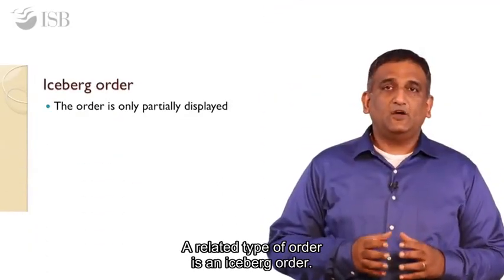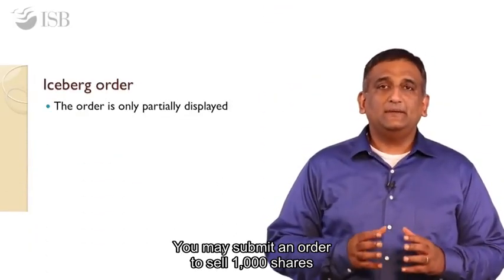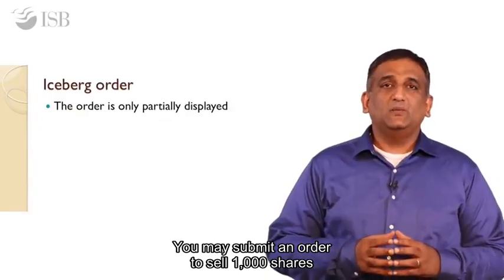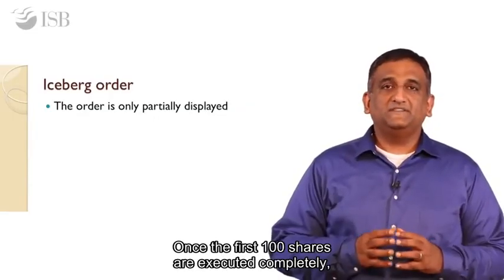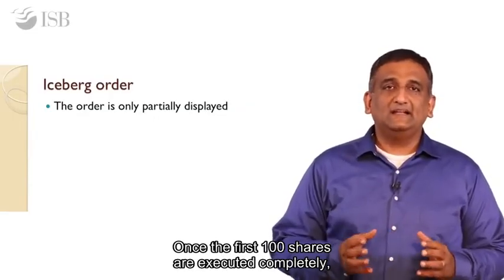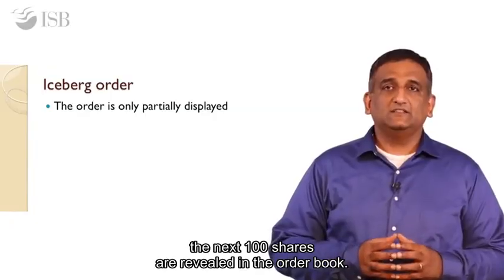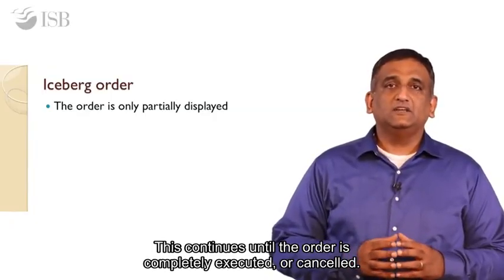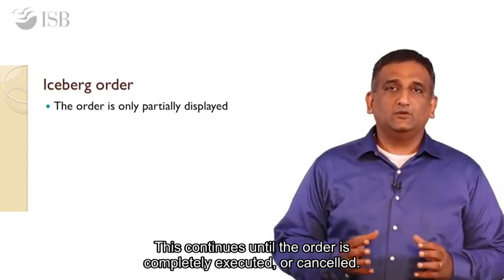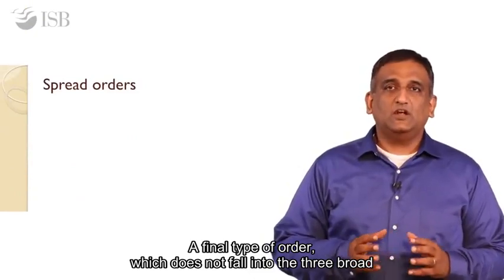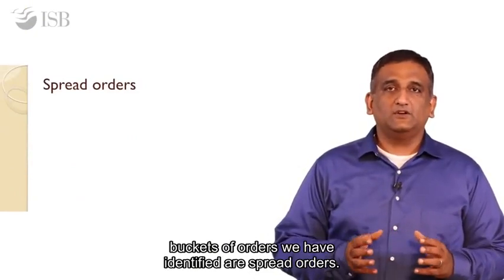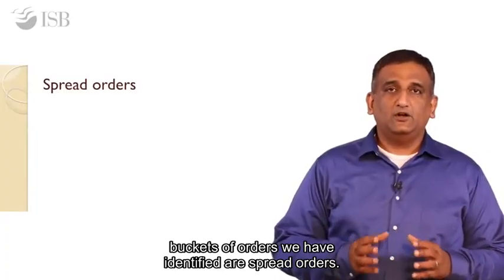A related type of order is an iceberg order. You may submit an order to sell 1000 shares with an instruction to reveal only 100 shares at a time. Once the first 100 shares are executed completely, the next 100 shares are revealed in the order book. This continues until the order is completely executed or cancelled. A final type of order, which does not fall into the three broad buckets of orders we have identified, are spread orders.